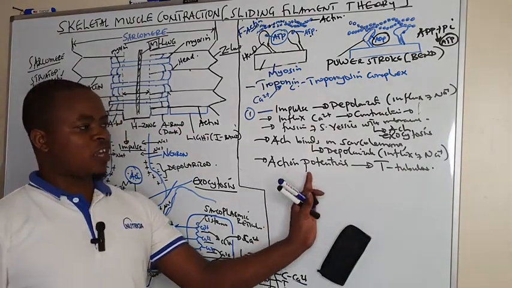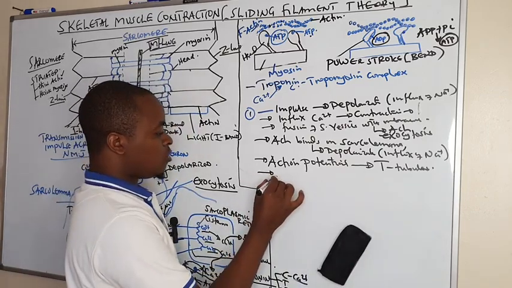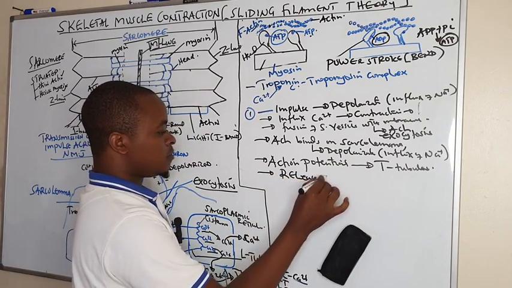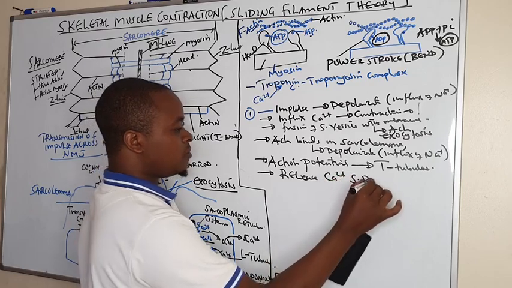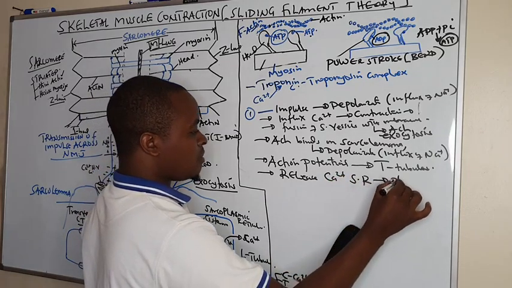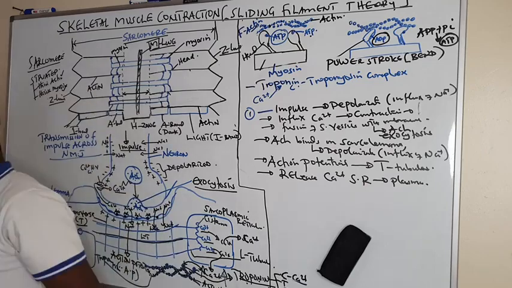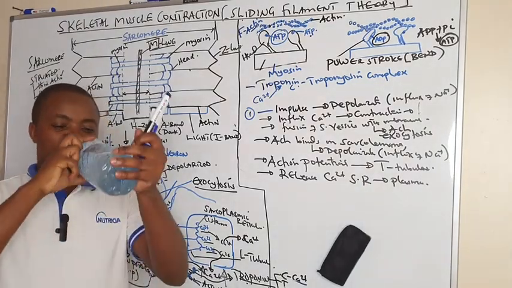The propagation of the action potential via the transverse tubules is going to cause the release of calcium from the sarcoplasmic reticulum into the muscle. That is what happens after the release of calcium ions.